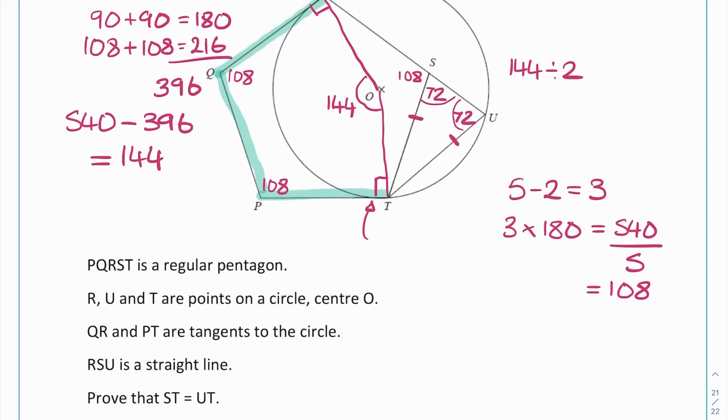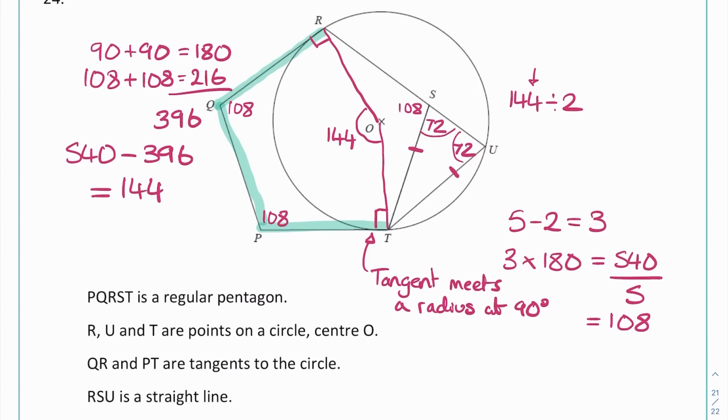So just here, we would also want to say tangent meets a radius at 90 degrees. Over here, the reason we divided by 2: angles at the centre are double angles at the circumference.